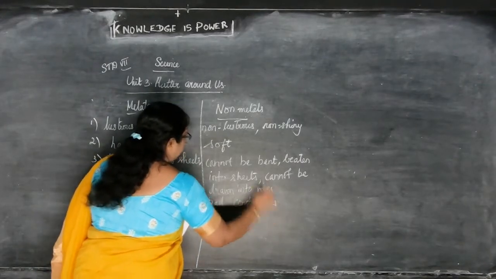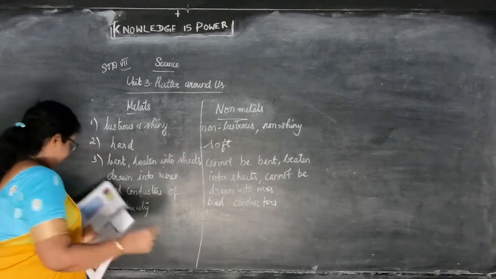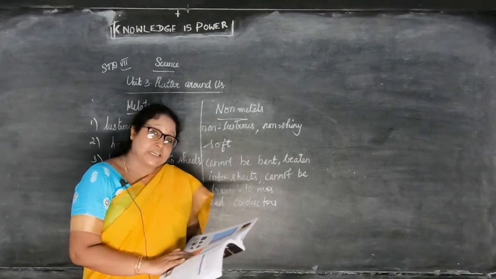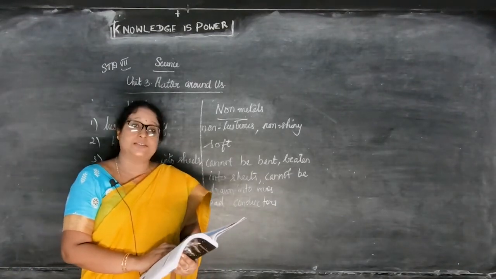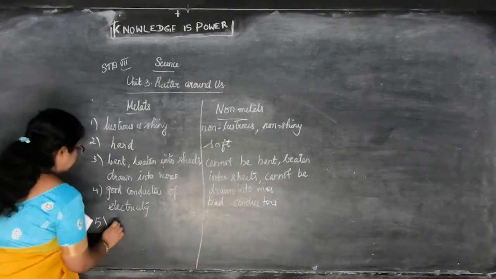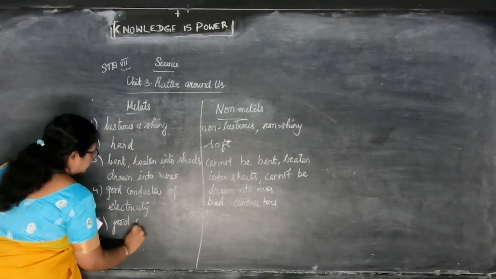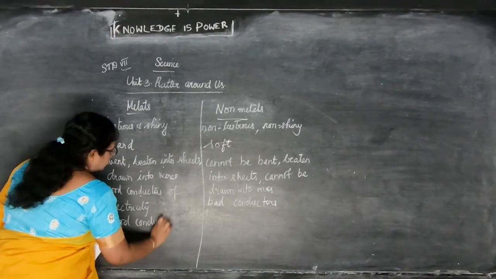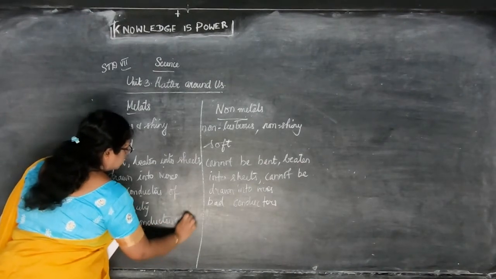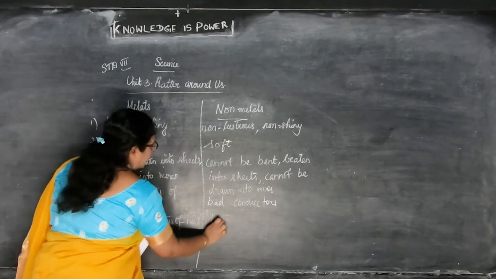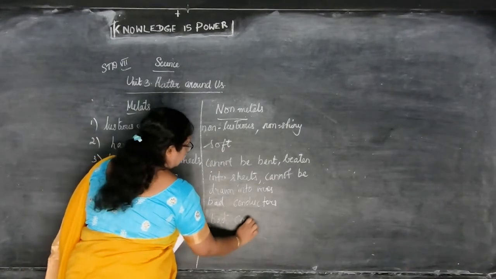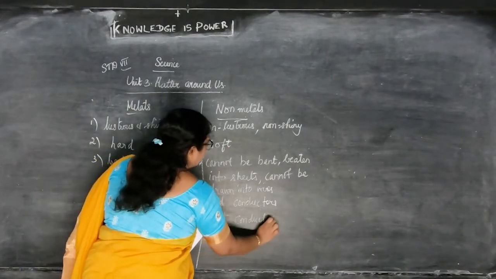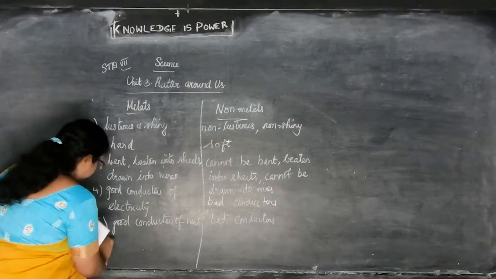Next, most metals are good conductors of heat and non-metals are bad conductors of heat. Good conductors of heat and bad conductors of heat. Non-metals are bad conductors of heat.